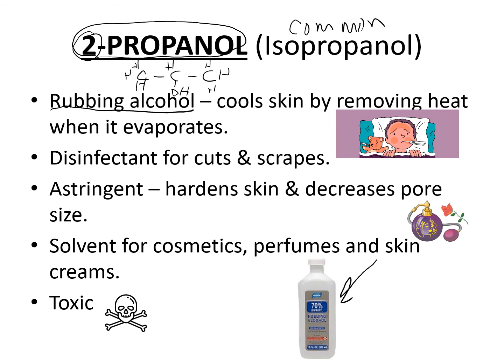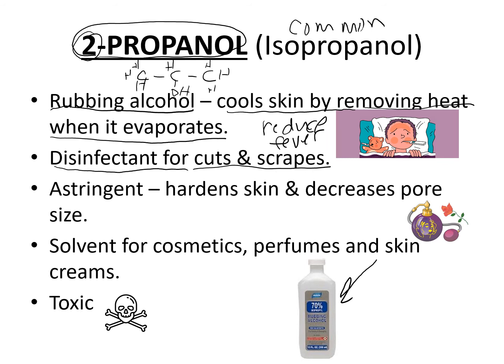So some of the uses for 2-propanol are to cool your skin by removing heat when it evaporates. Sometimes this is used to reduce fever, and basically how that works is it reduces the size of blood vessels near the skin surface. Rubbing alcohol can also be used as a disinfectant for cuts and scrapes.